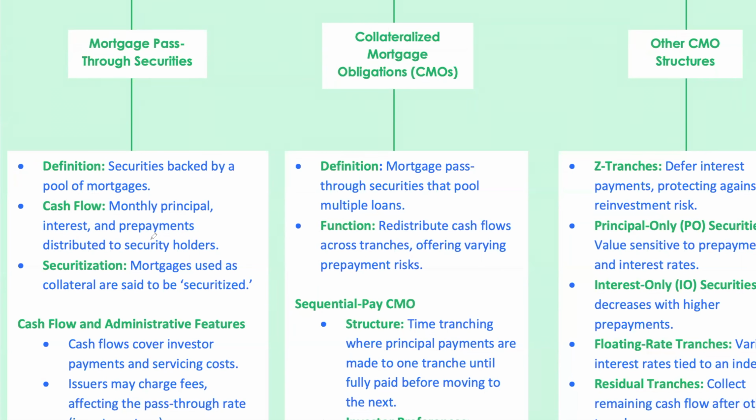The amount and timing of these payments depend on the cash flows generated by the underlying mortgage pool, which can vary based on the loan structure and prepayment rates. In a pass-through structure, the mortgage is securitized, meaning it's treated as collateral for the security, creating a direct link between the mortgage pool and the investor returns.